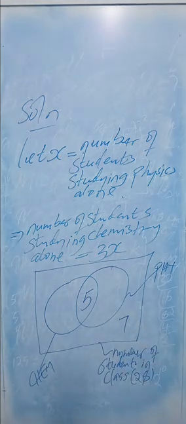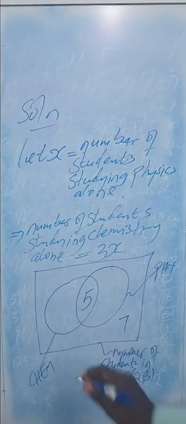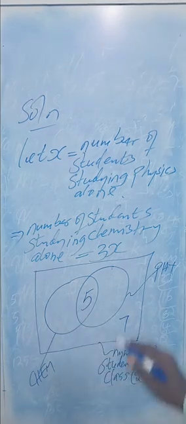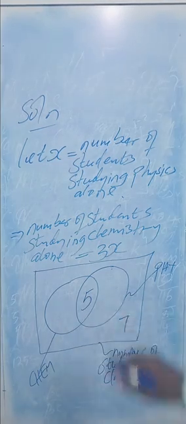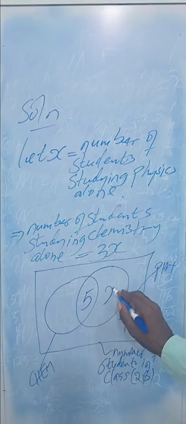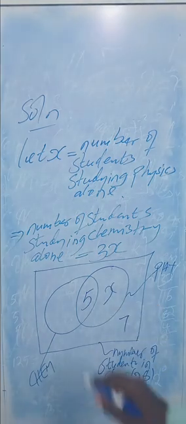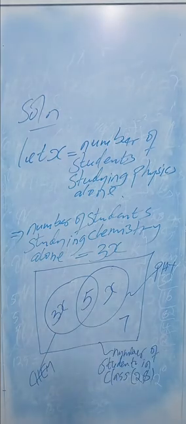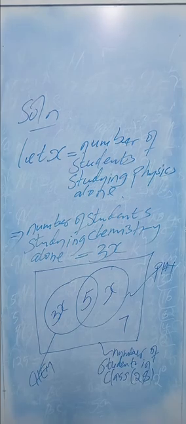Put there 7. Then this part here represents chemistry alone, and this part here represents physics alone. Physics alone, we were told, is x. Chemistry alone, that is thrice physics, is 3x. So that's the information we have in our Venn diagram.